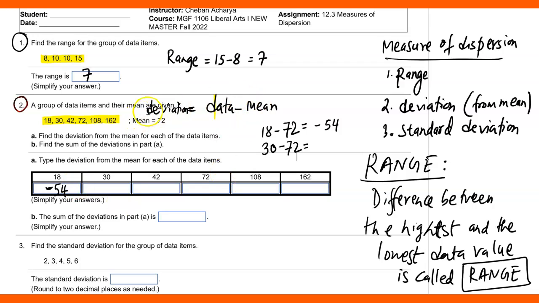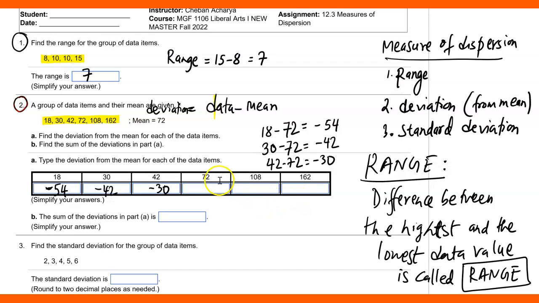This is the formula for deviation: data minus mean. What is 30 minus 72? It's going to be negative 42. That's the deviation. Similarly, what's the deviation of 42? 42 minus 72, which gives you negative 30. That's the deviation.